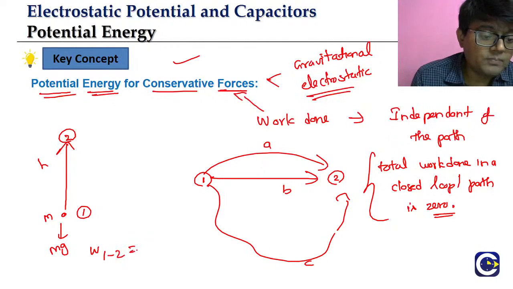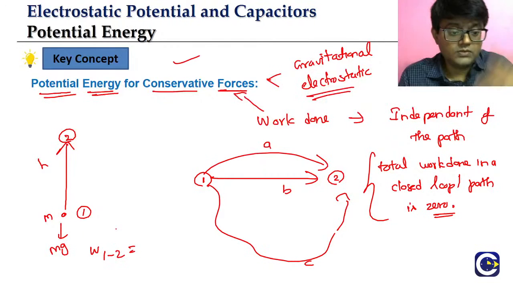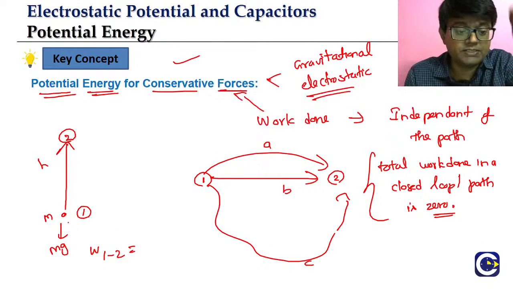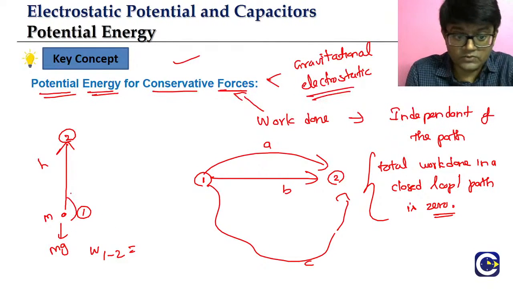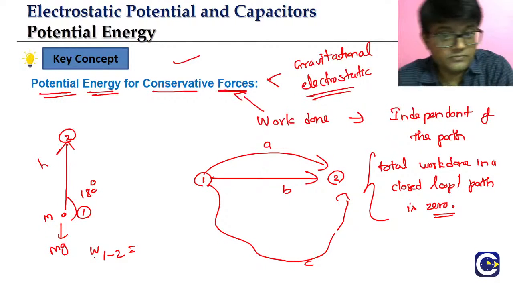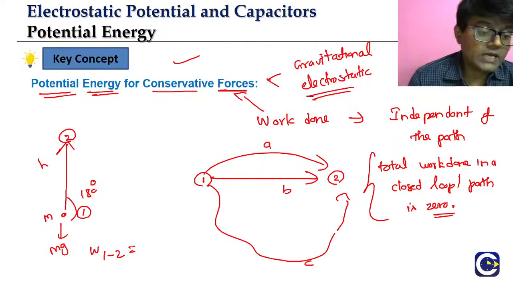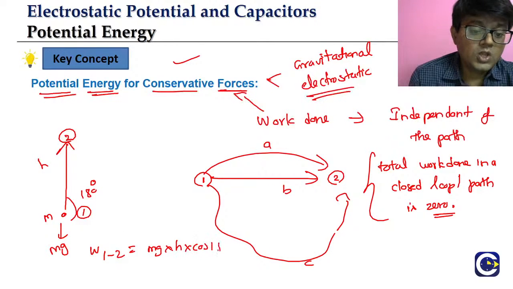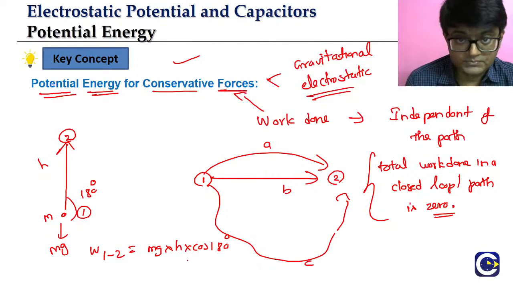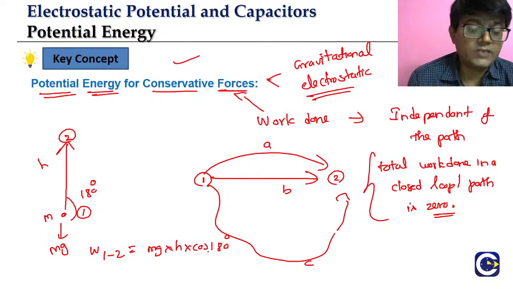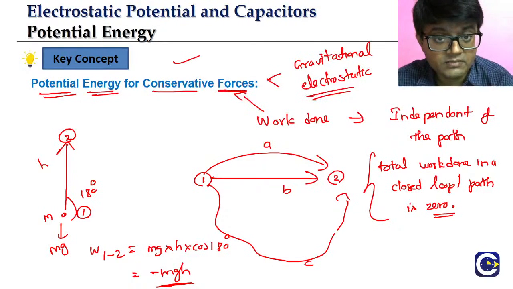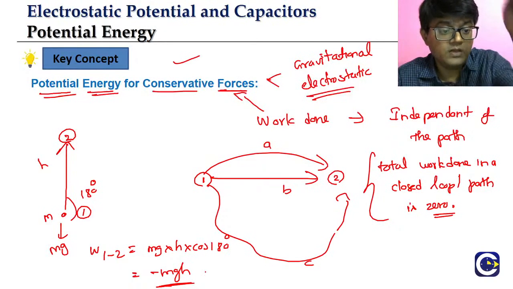When we take it from point 1 to 2, the displacement is upwards, the gravitational force is downwards. So what is the angle between them? 180 degrees. So work done by the gravitational force will be force into displacement into cos theta. Cos 180 means -1. So this is minus mgh. This is the work done by the gravitational force when we take it from 1 to 2.